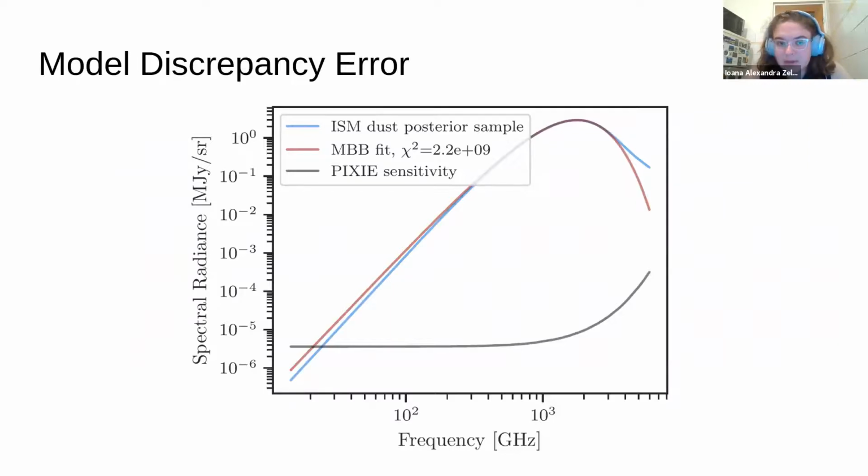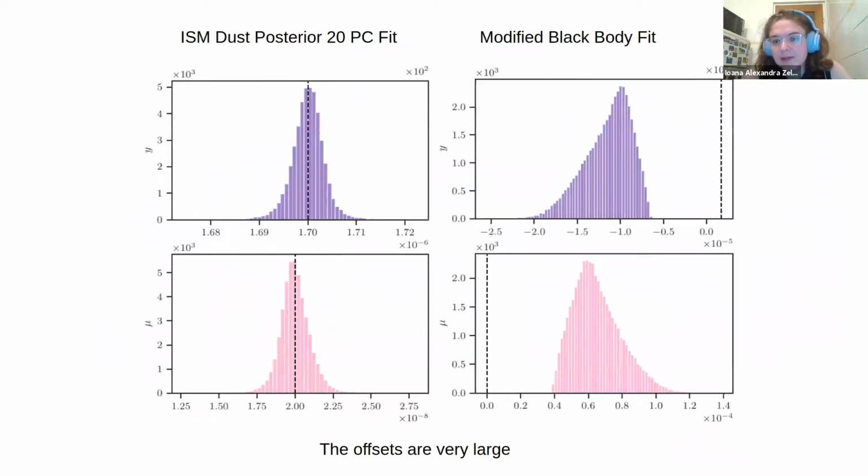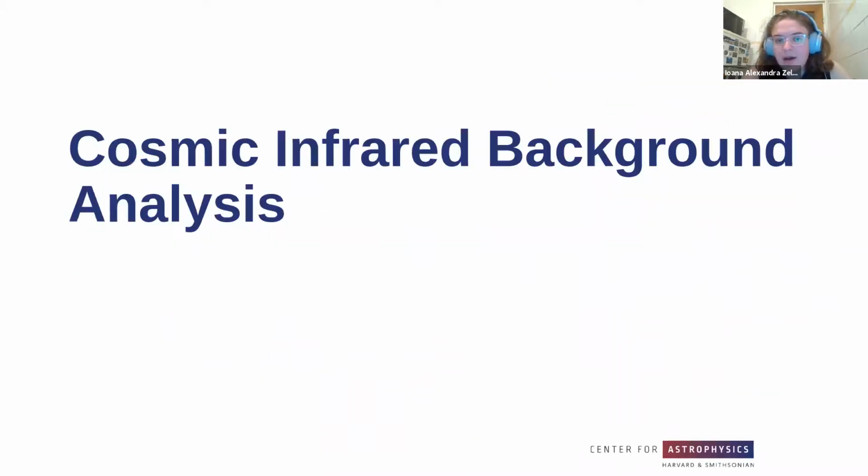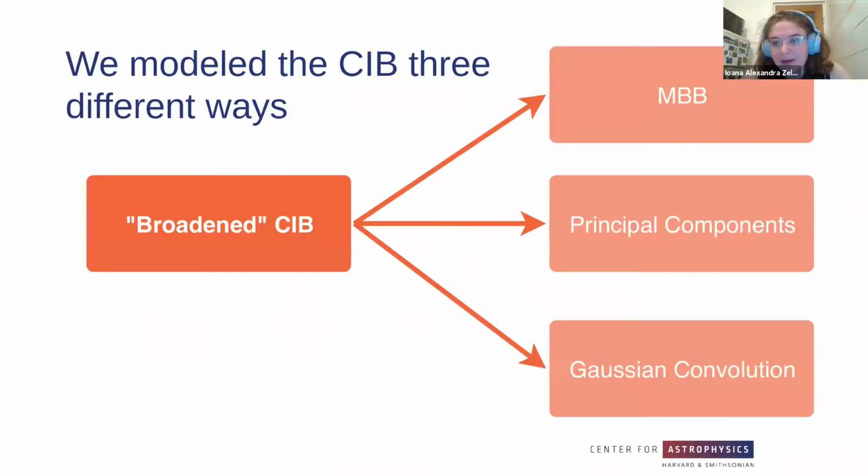I also looked at the model discrepancy error between the modified black body and the SEDs, and basically determined that it's really important not to model the SEDs using a simplified black body function because it creates offsets in the Y and mu parameters. And I looked at the cosmic infrared background analysis a bit, but I think I can skip this part here.